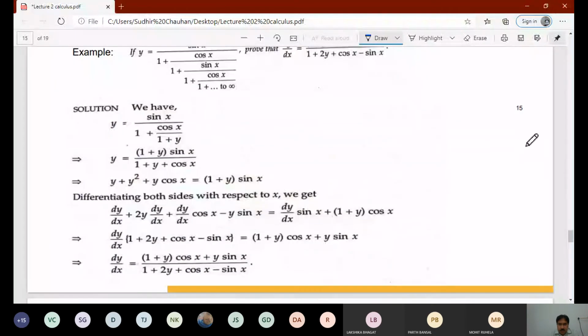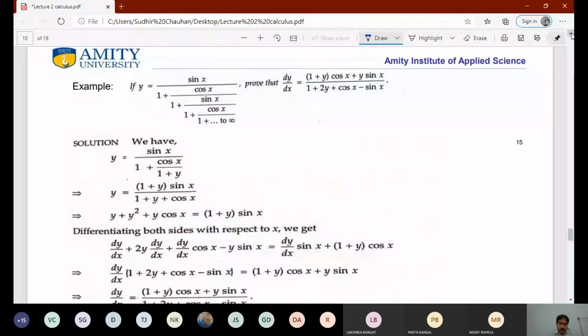So here we have some more examples. y is equal to sin x upon 1 plus cos x upon 1 plus sin x upon 1 plus cos x and so on. So this can be seen as the original series, y is equal to sin x upon 1 plus something. So now we have to see from where it is repeating.